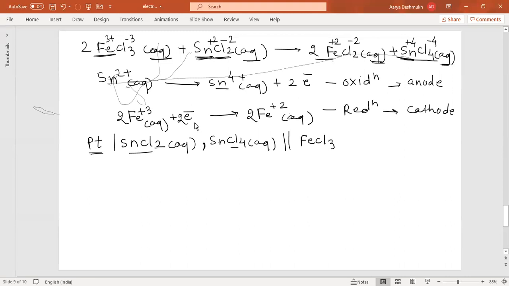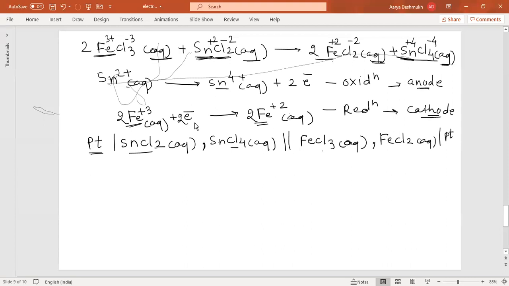now look at this right hand side, that is the cathode. So twice Fe3+ getting converted into Fe+2, means FeCl3, and it is again in aqueous phase. Put a comma and then write FeCl2 in aqueous phase, and at this end you write platinum. So this is your cathode and this is your anode here.